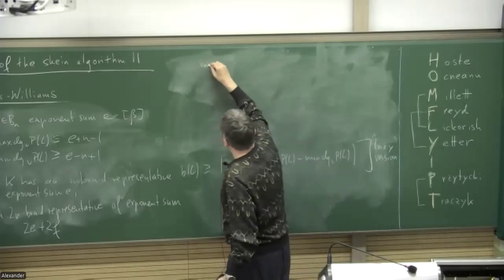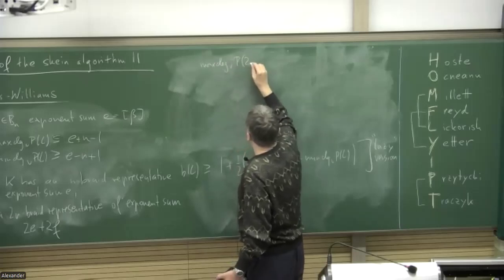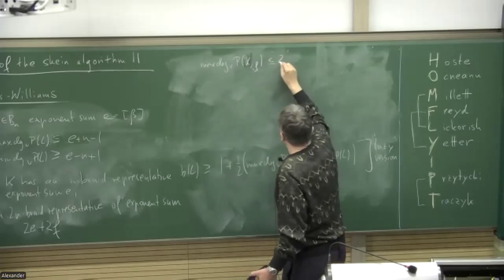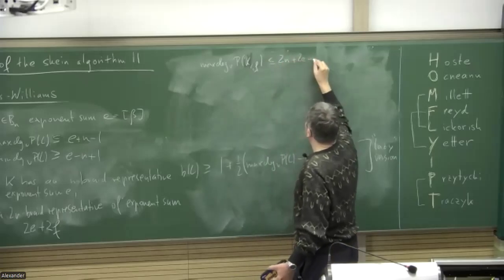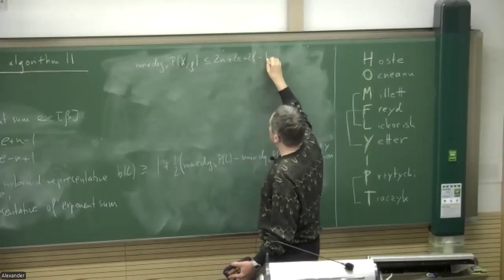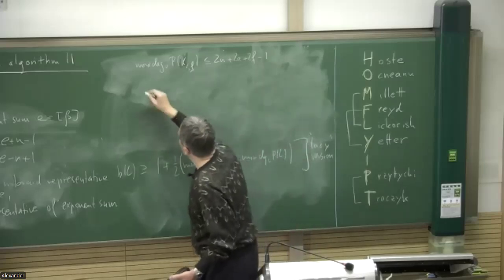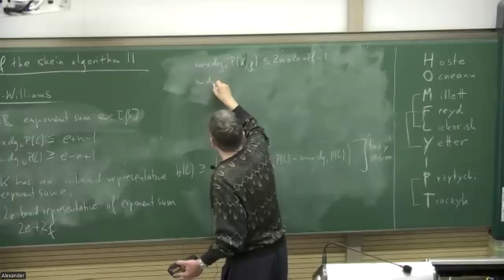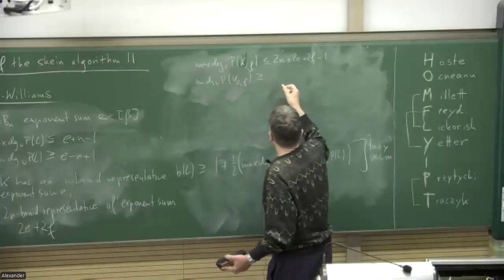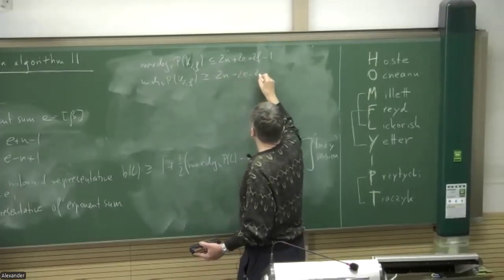You know the maximal degree of V_P of K_{2,f} is less than or equal to 2n plus 2E plus 2f minus 1. And you know the minimal degree of V_P of K_{2,f} is bigger or equal to 2n minus 2E minus 2f.